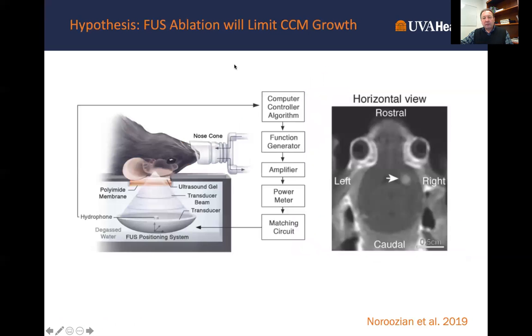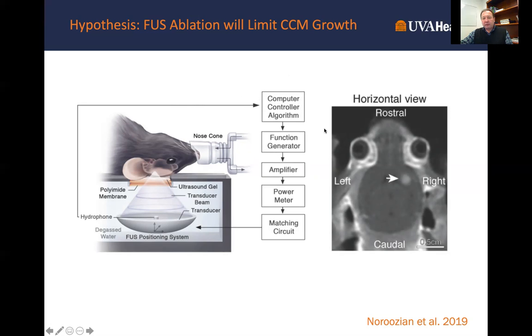With collaborators, we put forward a proposal that the use of focused ultrasound could perhaps control and reduce the burden of CCM. So we use a focused ultrasound system adapted for small rodents, for mice, as shown in this diagram.